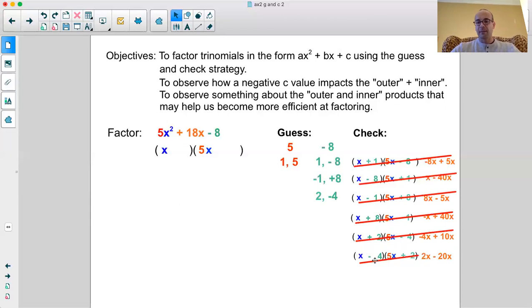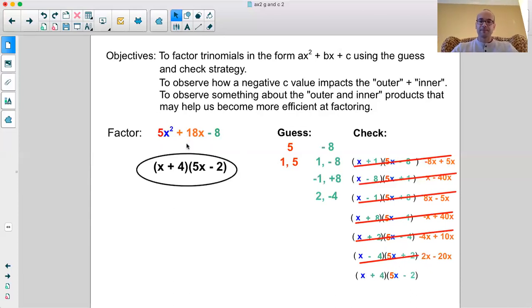But my next guess is going to be to make this a -2 and this a +4, because I know my 2 is still intact, my 20 is still intact with opposite signs, and 18 is still intact. But now we have our +20 and our -2 for a +18. So we found our factored expression.